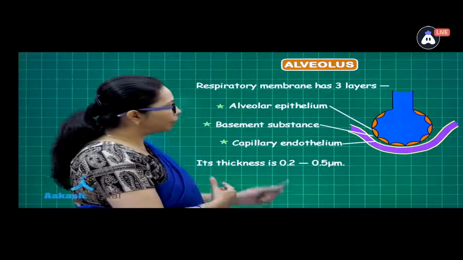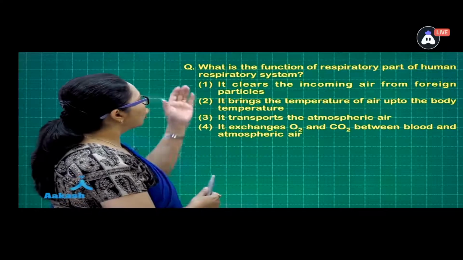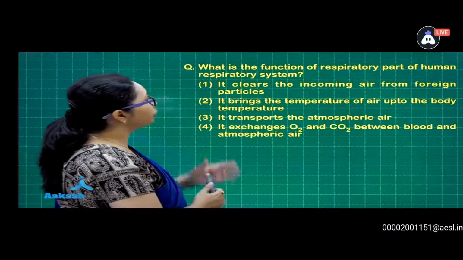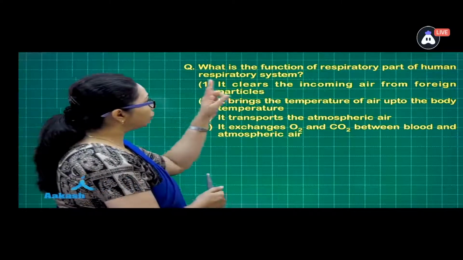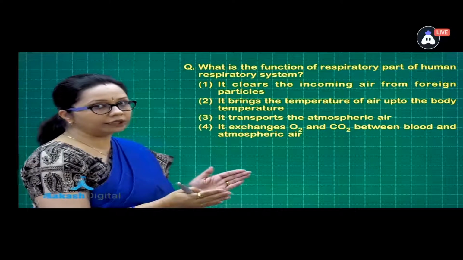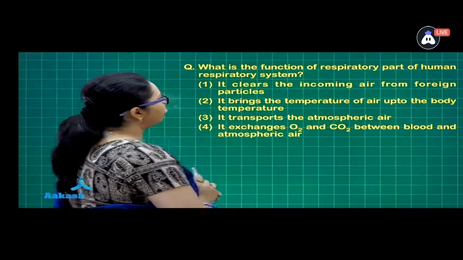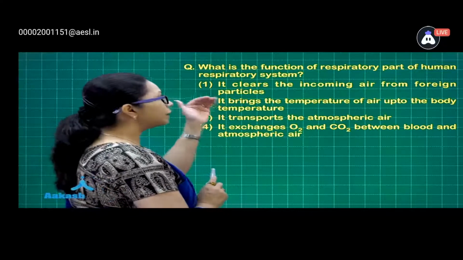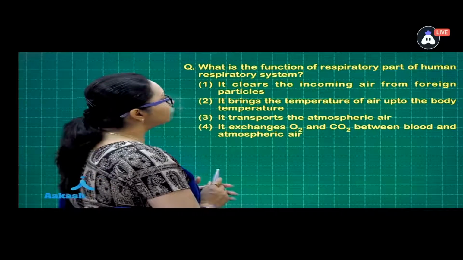Now let us take up a question related to the human respiratory system. What is the function of the respiratory part of the human respiratory system? The respiratory part is meant for exchange of gases. Let us see the options. It clears the incoming air from foreign particles. This is the conducting zone, or the nasal cavity doing this function.